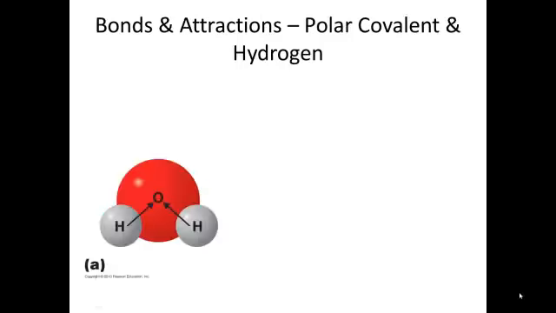Let's talk about water. Water, as you may know, is 2 hydrogens bonded to an oxygen, H2O. Oxygen has an element number of 8. That means it has 6 electrons in its outside or valence electron shell. It wants 2 more electrons. Hydrogen wants 1 more.